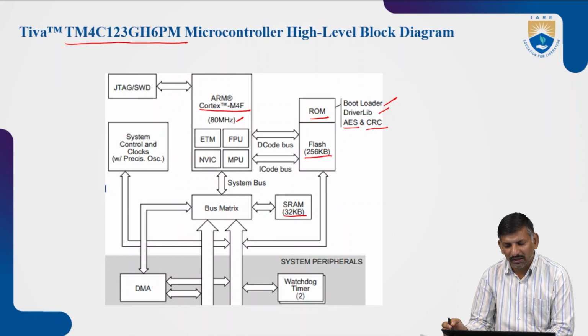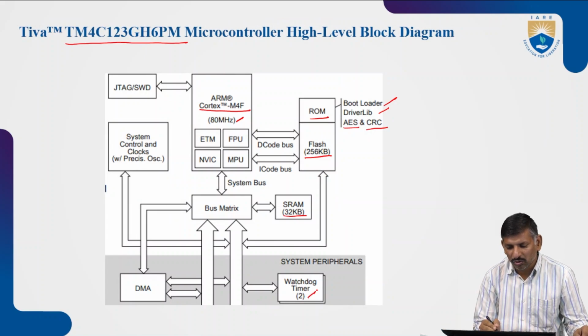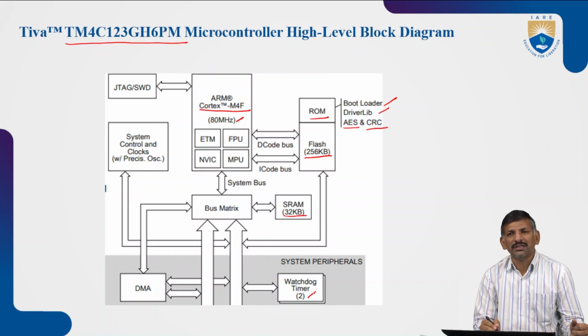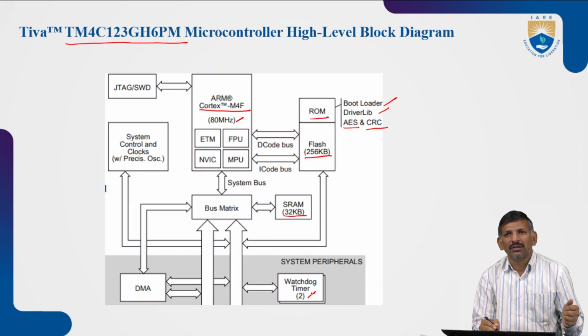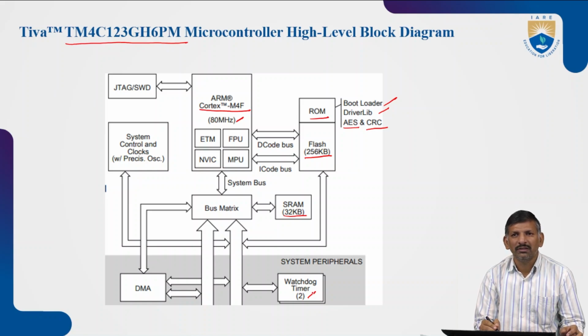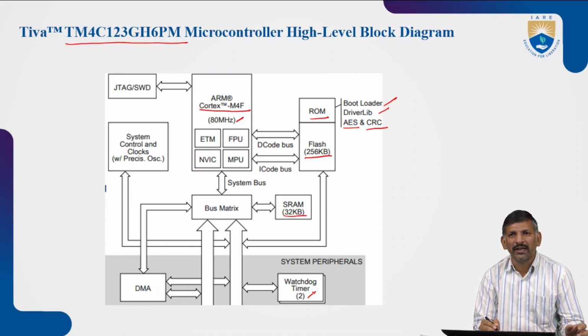Next, coming to the additional hardware circuits, it contains two watchdog timers within the chip. So a watchdog timer is used for monitoring the CPU continuously within some predefined time. Later, if the system hangs, it generates the reset signal.